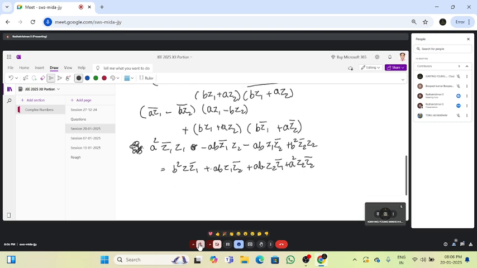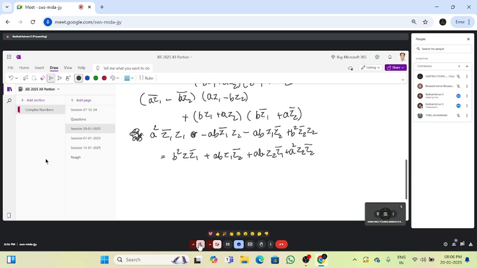So we can do some simplifications. Z1 into Z1 mod is Z1 mod square, Z1 into Z1 conjugate. Okay, similarly.